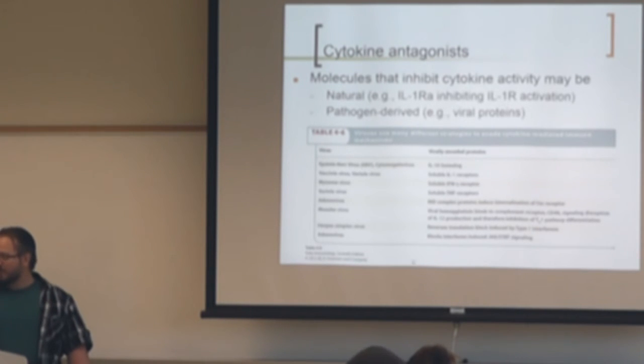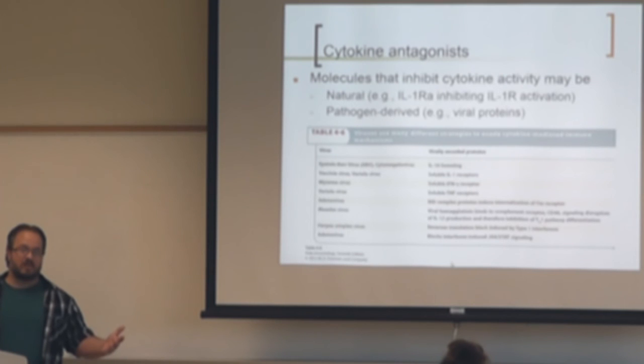I don't know what the specificity of any of them are particularly, but this is how a lot of these viruses, if you look at these, CMV, the herpes simplex virus, a lot of these are able to escape immune responses pretty well, and this is because they've developed strategies to suppress these cytokines.